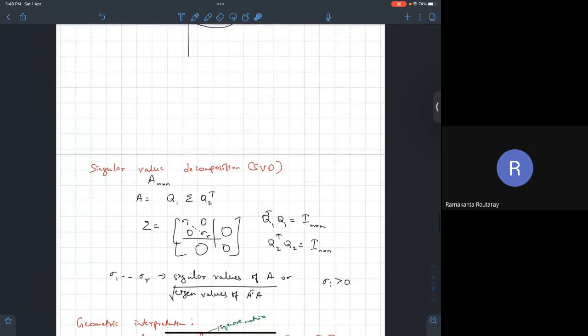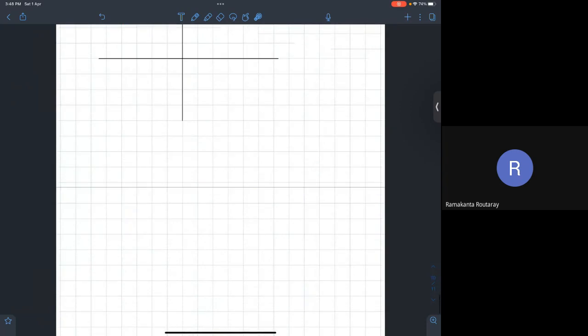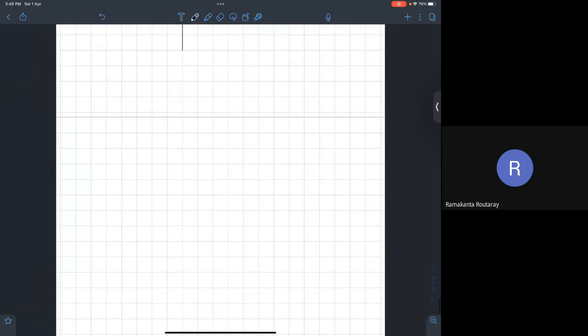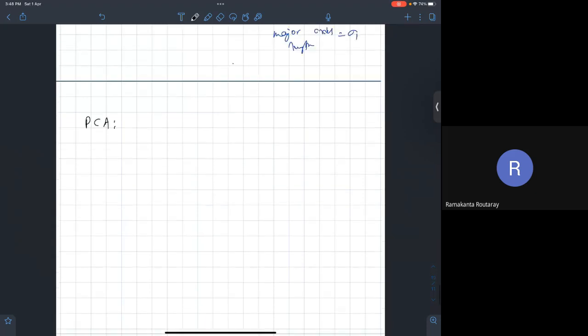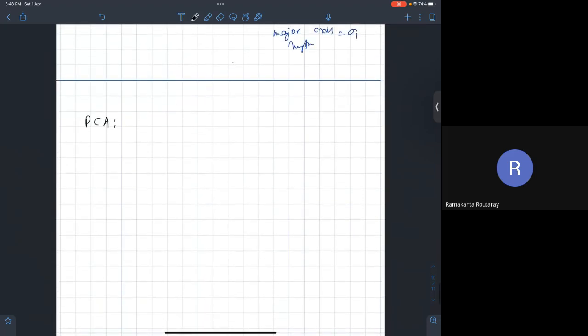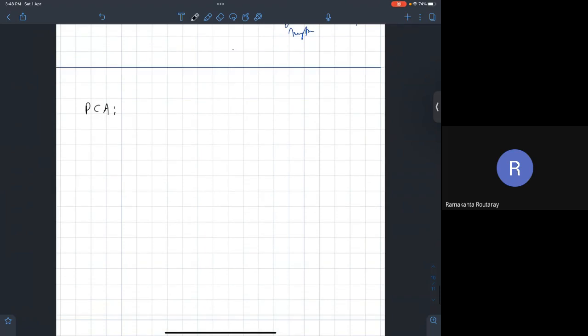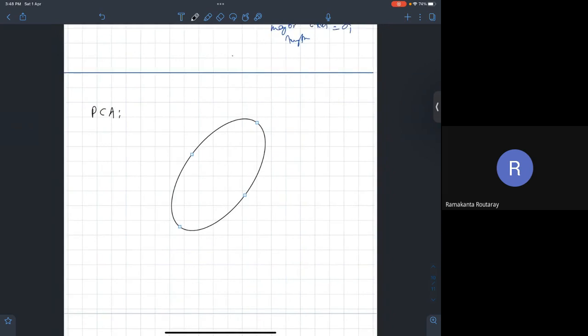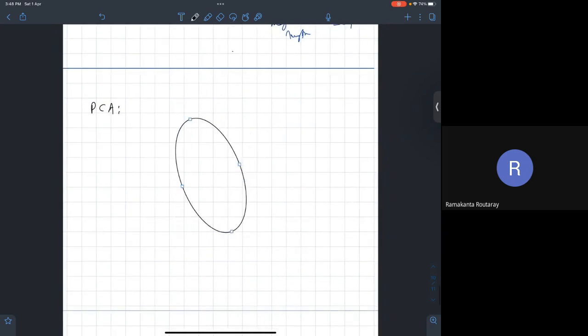I will draw an ellipse for you. There you are. What happened? I don't know how to redo. Okay. See, if I rotate, the length will remain the same, but the axis will change.